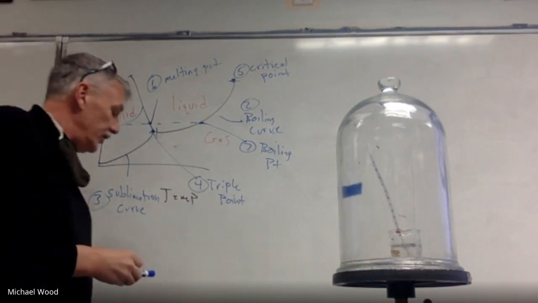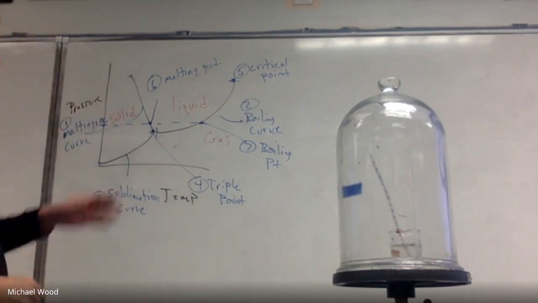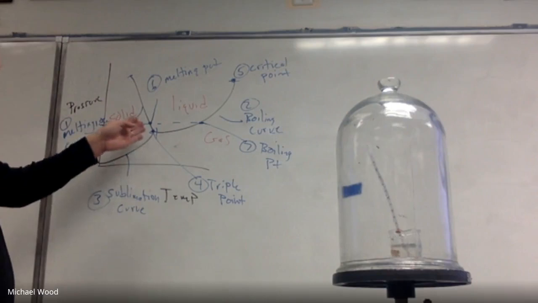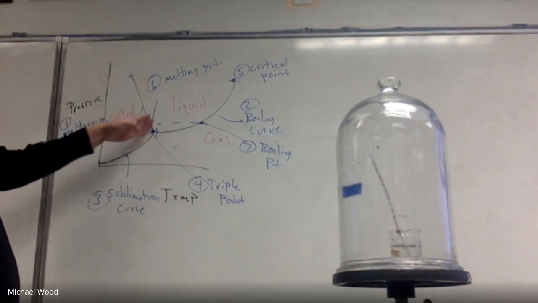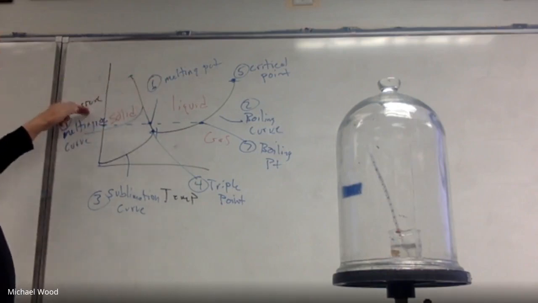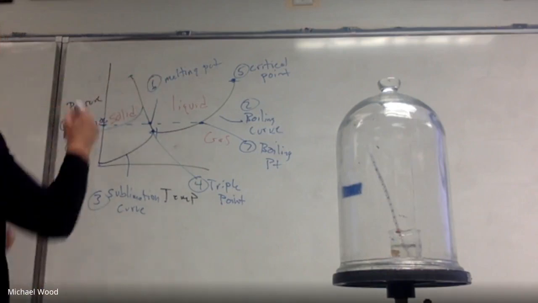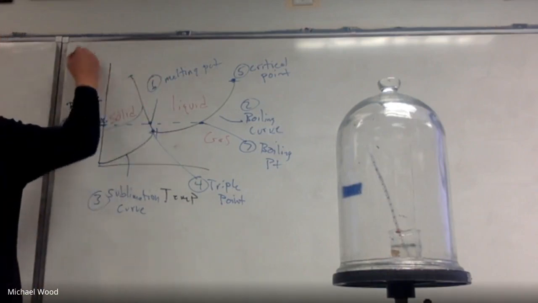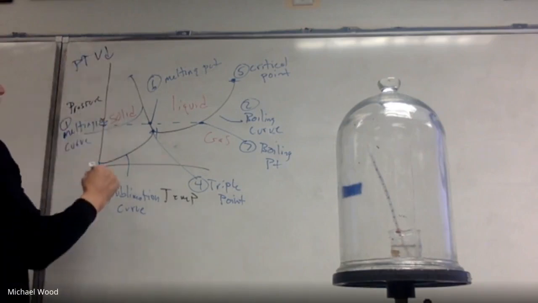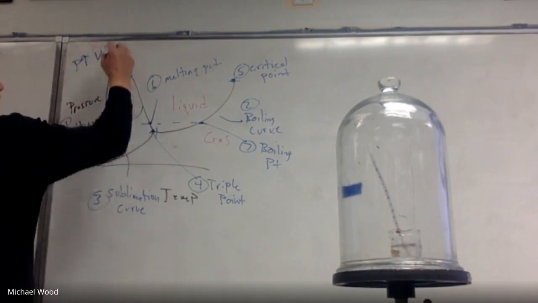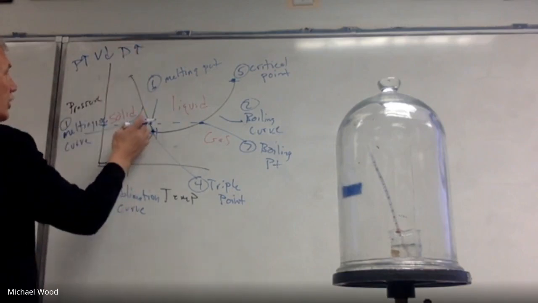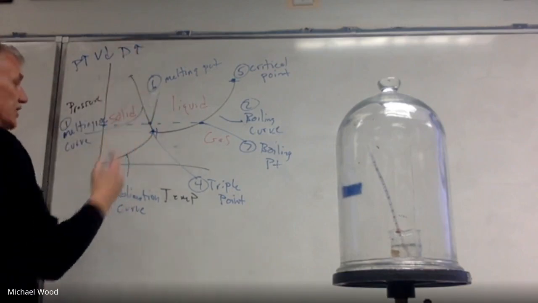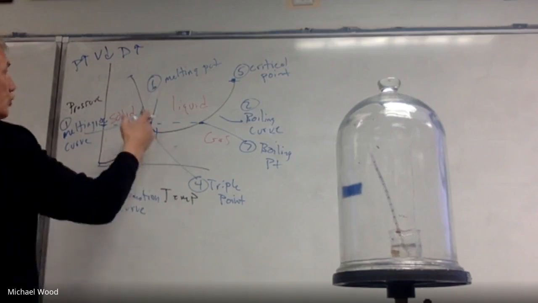Now, one thing about this, and I'm going to show you, I think it's CO2 next. Water is the only one that the line angles up like this. Everything else is like this, because if the pressure goes up, that means the volume goes down, and if the volume goes down, that means the density goes up. So here, when we go up, that's what happens with water.